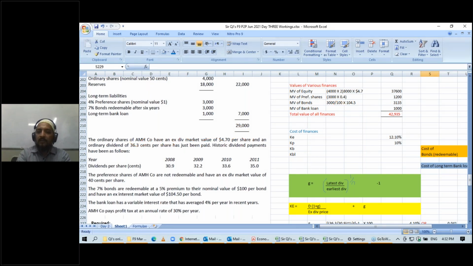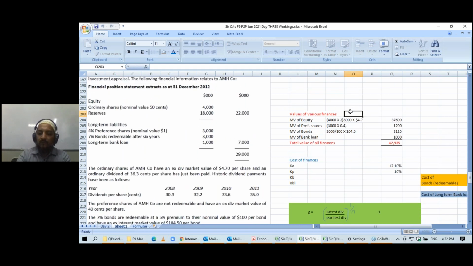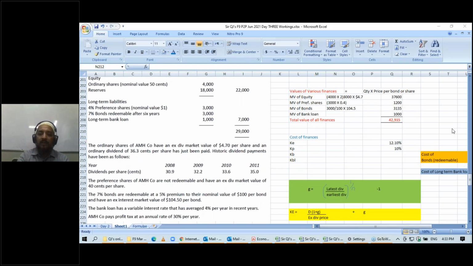The value of finance equals the quantity of the shares or bonds multiplied by the price per bond or share. I knew the market price of one bond, but I didn't know the number of bonds. That's why I divided it by 100.